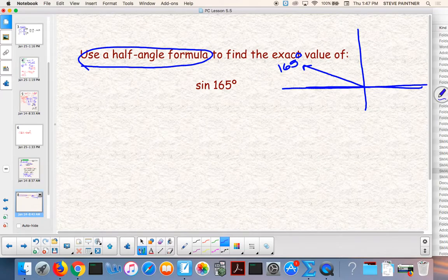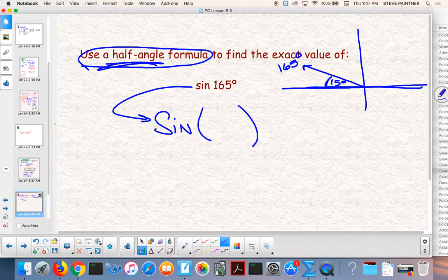I can't do that, because that's not a 30-degree angle. That's actually what? 15 degrees, and I don't know this one. So I have to use a formula, and they want you to use the half angle. So here's what you're going to do, I hope. You're going to say sine of half an angle. I need to take an angle, u, cut it in half, and I need to get this number right here.